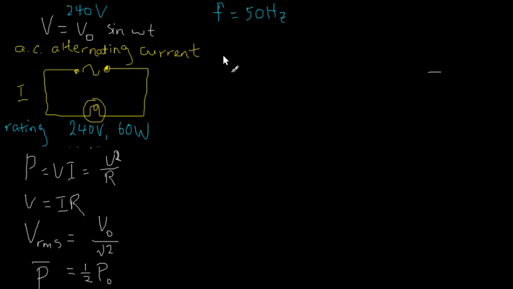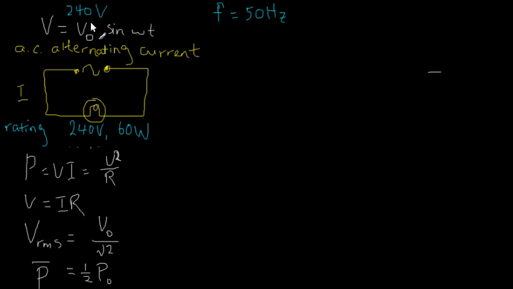Okay. Now let's start with this 240 volts. The 240 volts that we are familiar with when we use mains electricity, these 240 volts that we normally hear, that are normally written, say on the rating for the light bulb and so on, it is actually not the peak voltage. It is not the V0 in this formula.